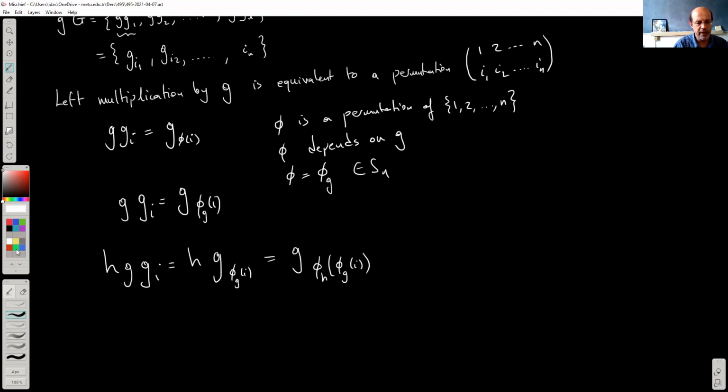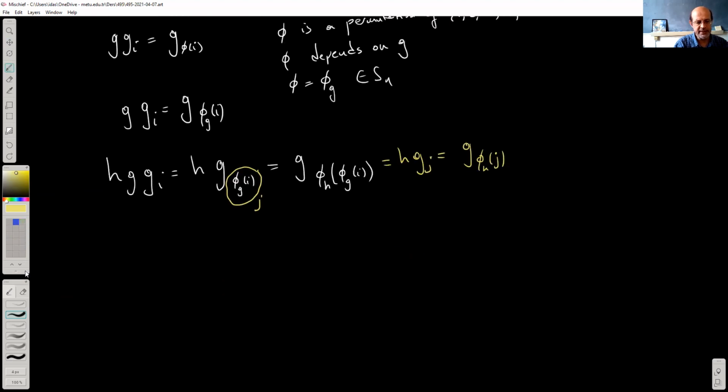So this is an index j, and I'm saying that h multiplied with g_j is equal to g of phi_h of j, because left multiplication with h basically changes the indices.